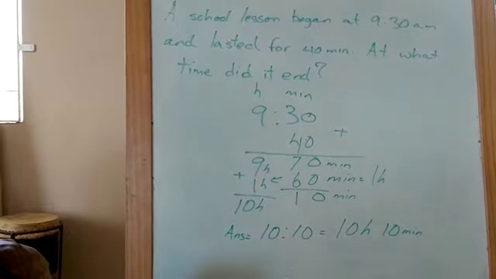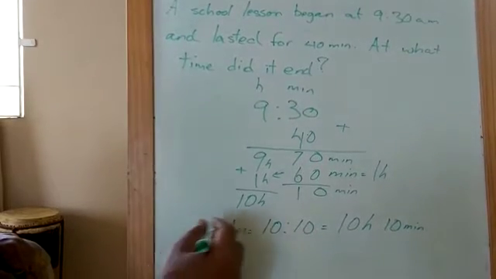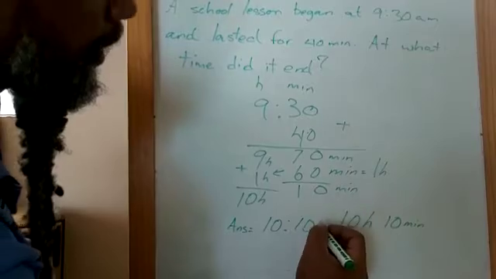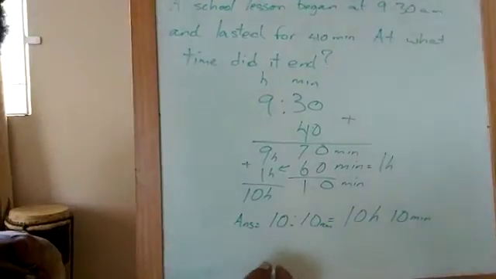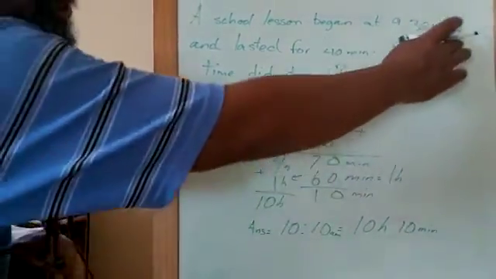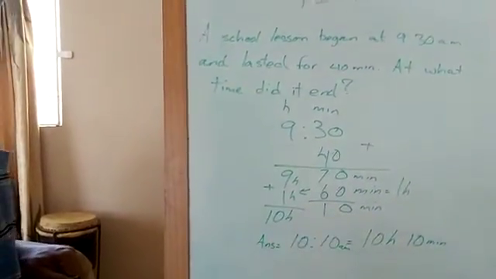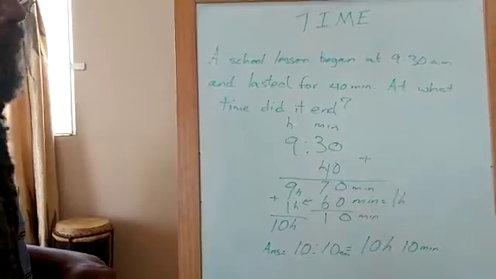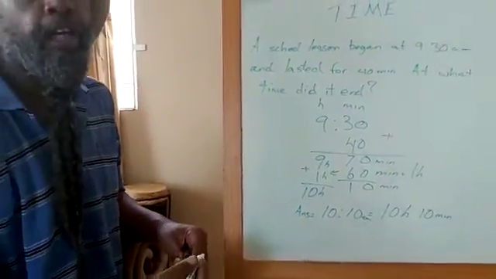Right? So I have 10 a.m., which is 10 hours and 10 minutes. Because remember, it was 9:30 and I'm at 10 a.m. Right? So let's try a couple questions.